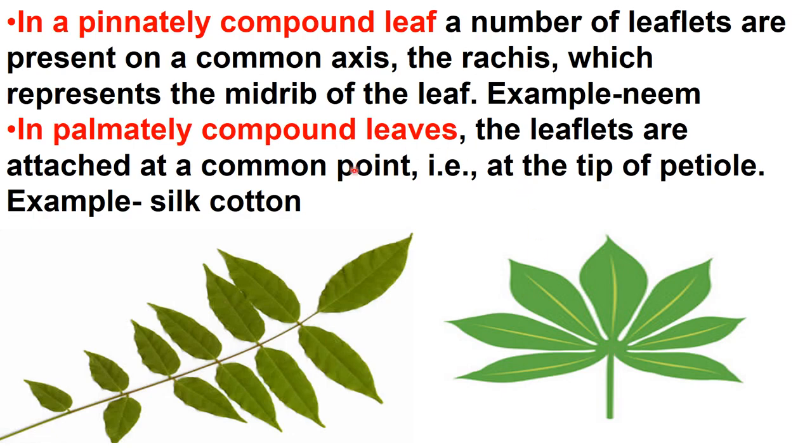That common point is at the tip of the petiole. This is the petiole. You know about the parts of the leaf. At the tip of the petiole this common point is present where all these leaflets are attached. Such leaves are called palmately compound leaves. And this is the diagram for silk cotton. So the example is silk cotton.